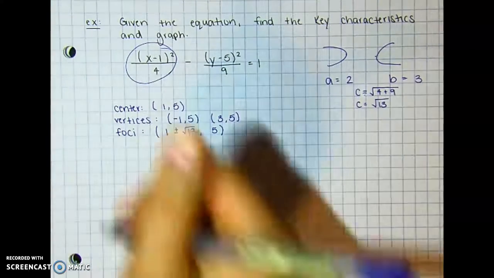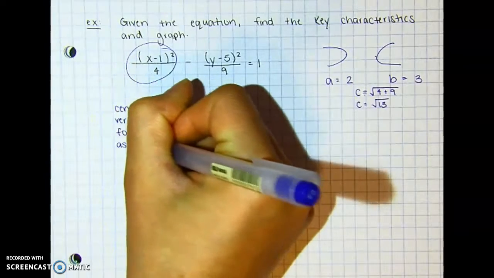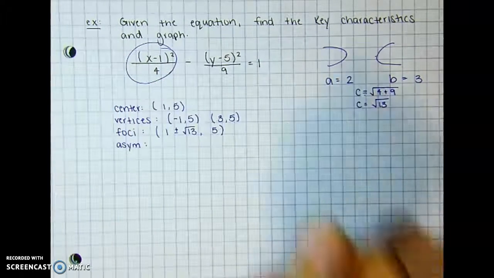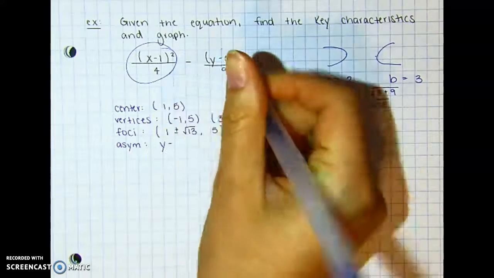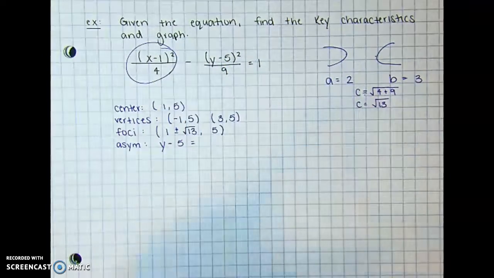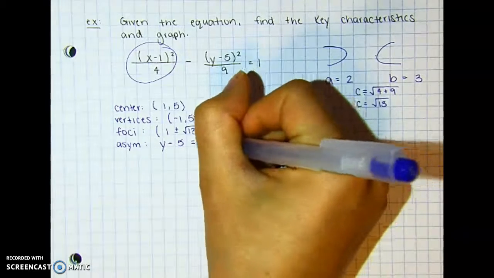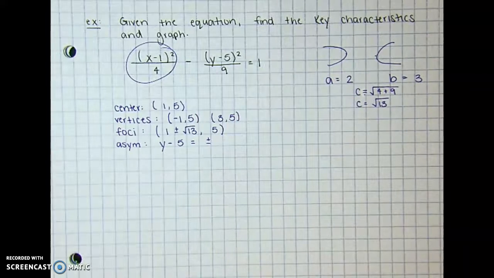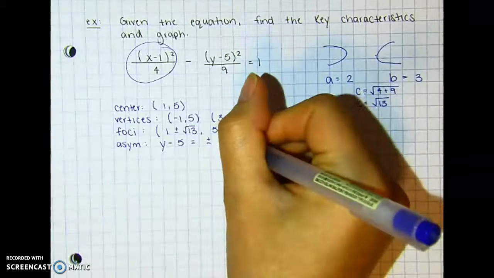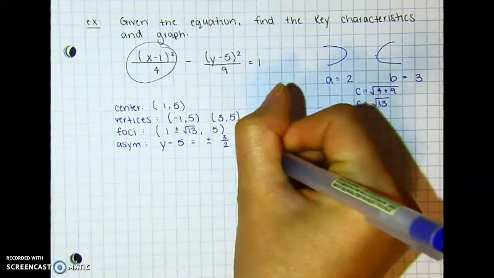And then we need to find the equation of our asymptotes. So the equation of our asymptote is going to be y minus 5, because of our center, equals plus or minus, because there's two asymptotes, so we have positive slope and negative slope, b over a, so 3 over 2, and then (x minus 1).